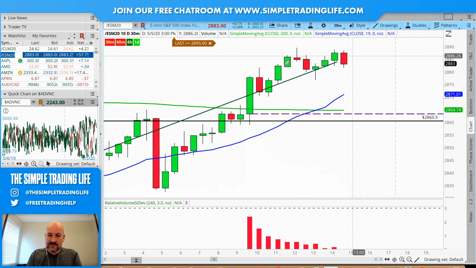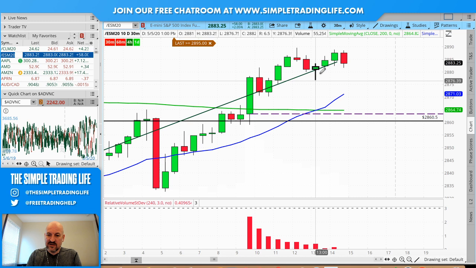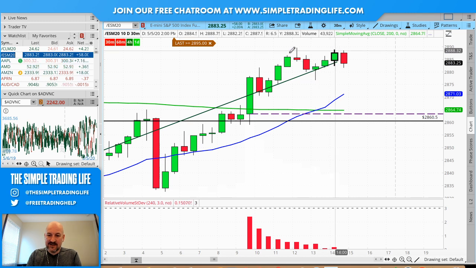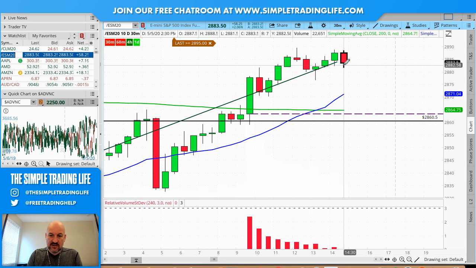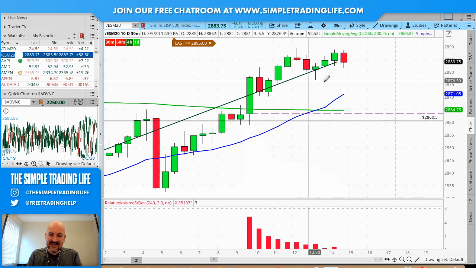We moved up, okay, topped out, came down, moved up again, back into this wick. We've topped out, and now we're starting to go lower. So if there was some sort of trigger, okay, you could be looking at a downside play, or the rule of a double top is that you wait for this to get broken right here.